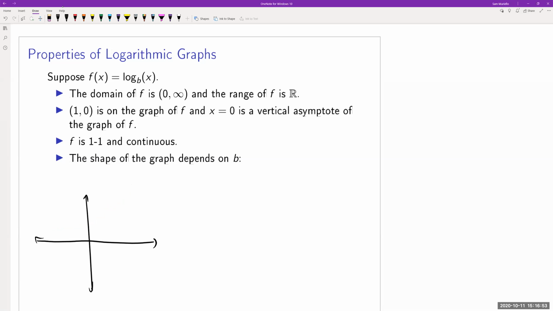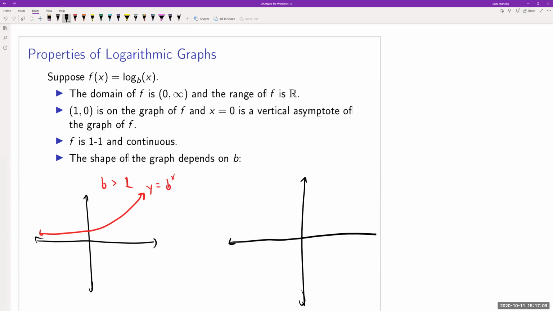We had these where b is greater than 1, so this would be y equals b to the x. And then we had these where b is less than 1, y equals b to the x.